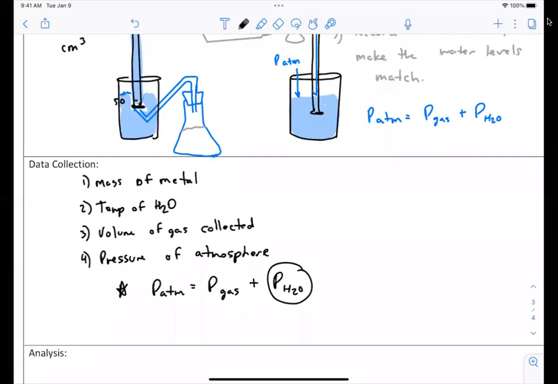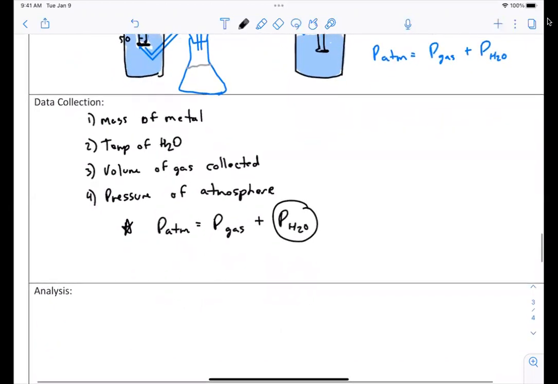But that's why you always try to look it up right before you do the experiment. Yes, this experiment would still work in Colorado. Your volume would just be bigger because you have less pressure pushing against it. But that would all work itself out because they're inversely proportional. Okay. Questions?